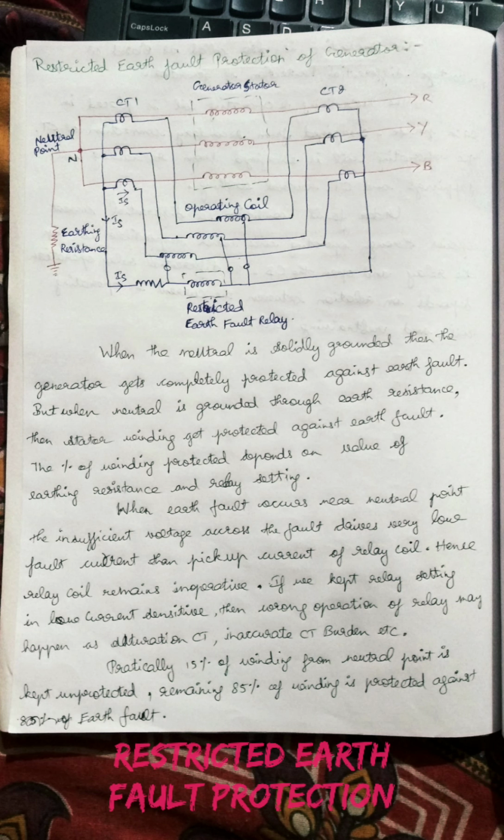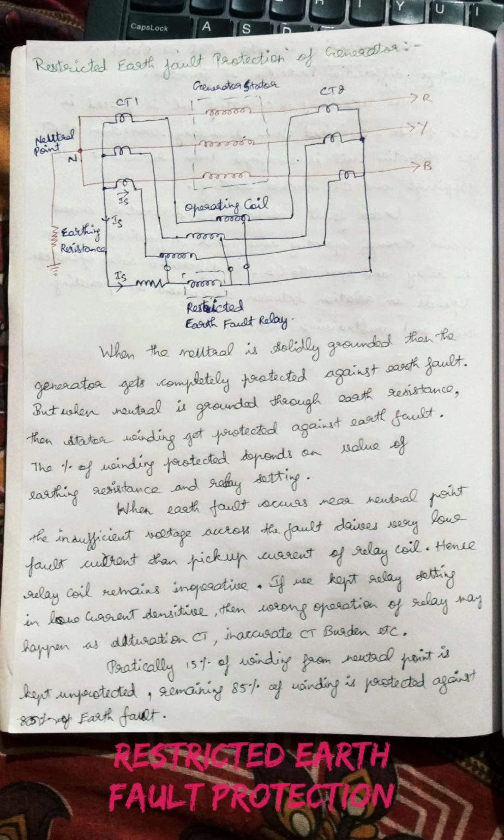Next is your restricted earth fault protection. Here both CTs, CT1 on the neutral side and CT2 which is feeding on the load side, are between the protected zone, which means the windings are protected.